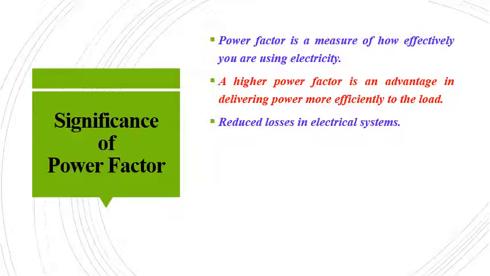In order to meet the same demand, we have to give more current. The I value must be increased proportionally, because the total demand is Vi cos phi and the cos phi is getting reduced. So what will happen when current is increased? The losses in the circuit, I square R losses, in the electrical system get increased. So if the power factor is high, that means losses are less.